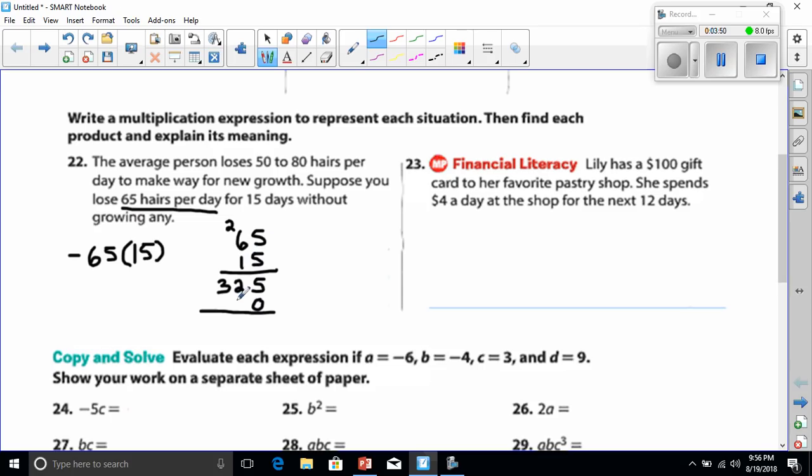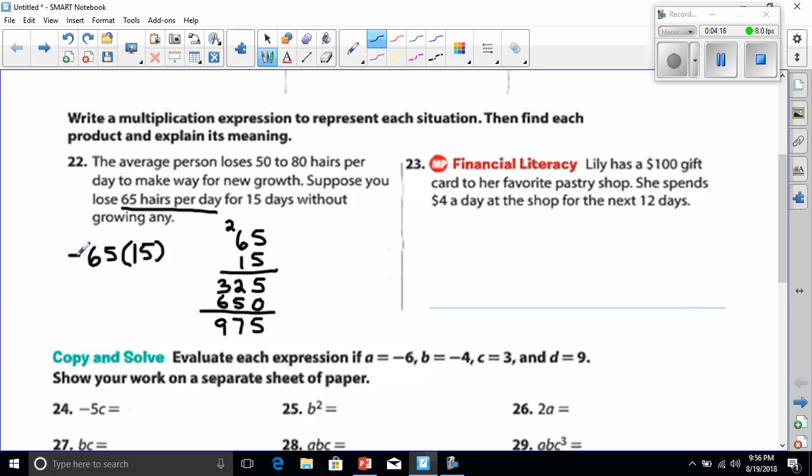So 1 times 5 is 5, and 1 times 6 is 6. So now we can add these together. 5 plus 0 is 5, 2 plus 5 is 7, and 3 plus 6 is 9. So our answer is 975.